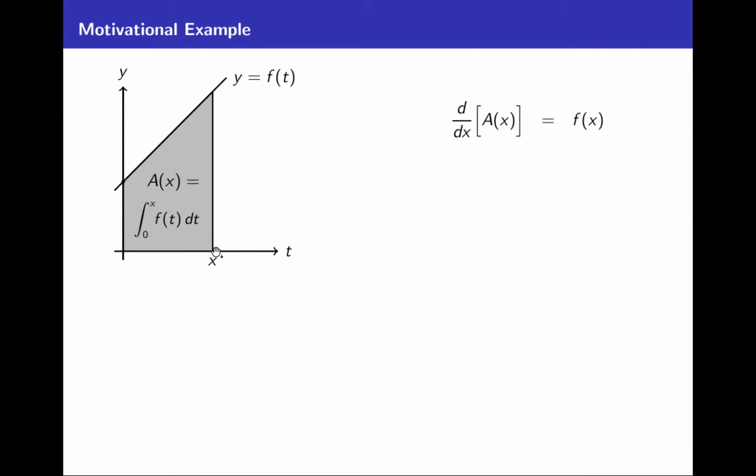As you change the variable x, this upper limit of integration changes, and so the value of the integral is going to change as well. It's an unusual way to define a function, but it actually is a function of x. Different values of x give you different values of this definite integral. In fact, it's always equal to the function a of x for any x.